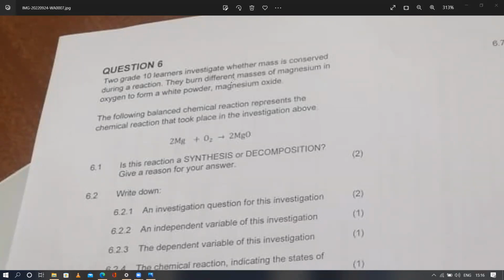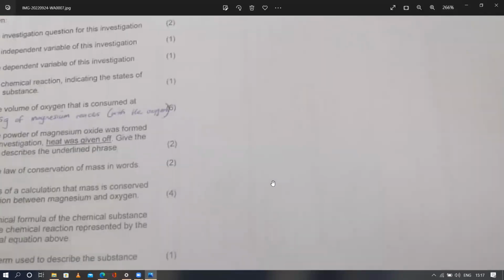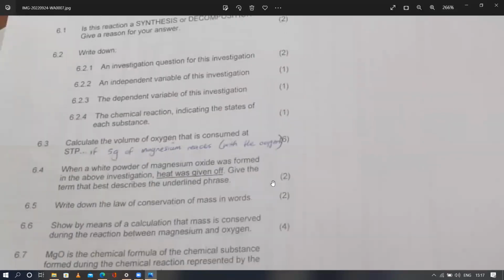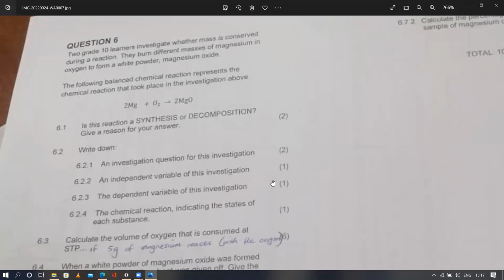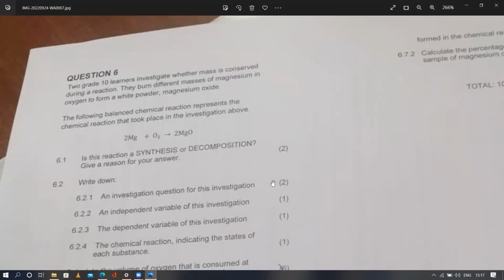So basically, the independent variable, let me just scroll down here. What's gonna happen is that the masses of magnesium are controlled.